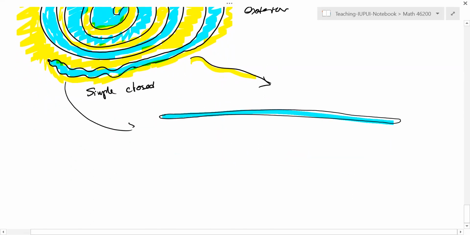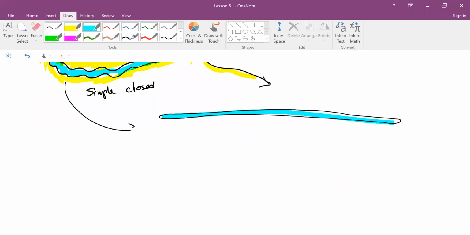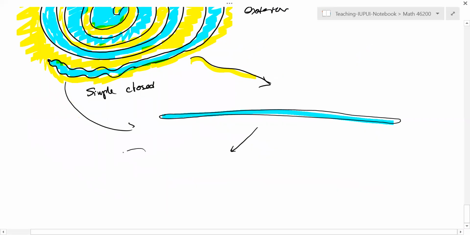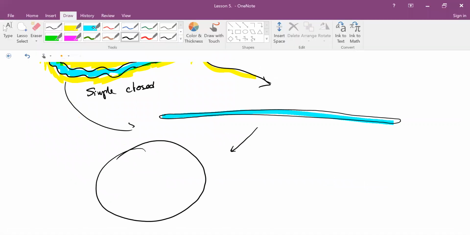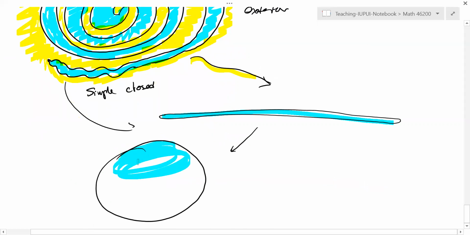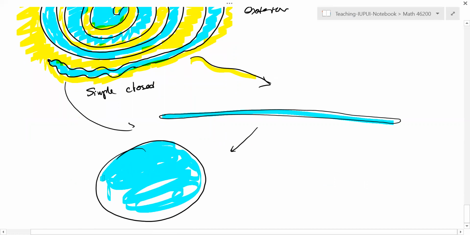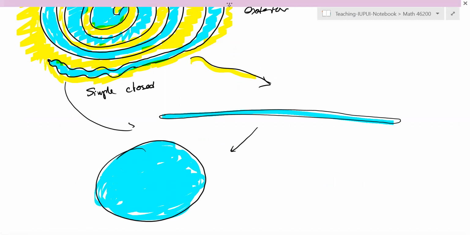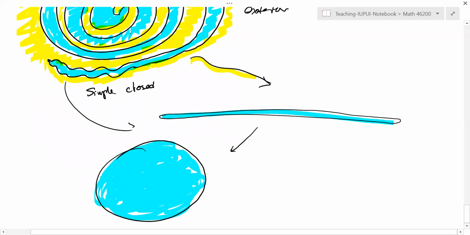Then you continue to deform it, and then you will get a circle. Topologically, there's no difference. It can do this smoothly. So topologically, those two are the same. You don't see the difference, but geometrically they look quite different.